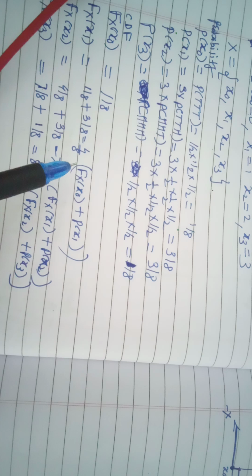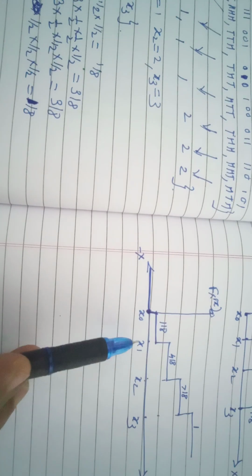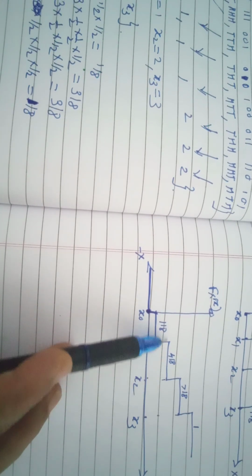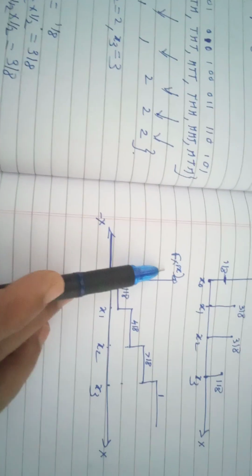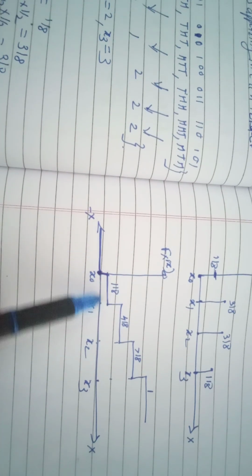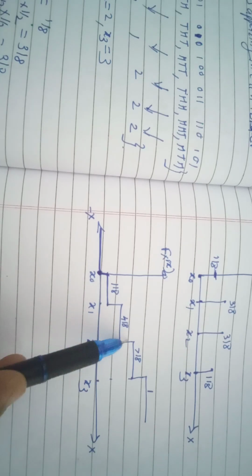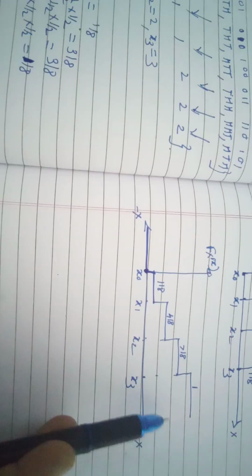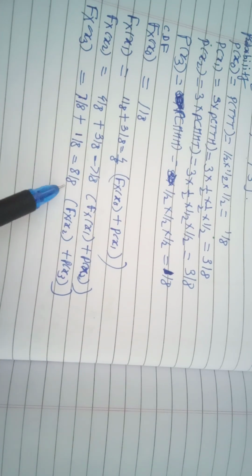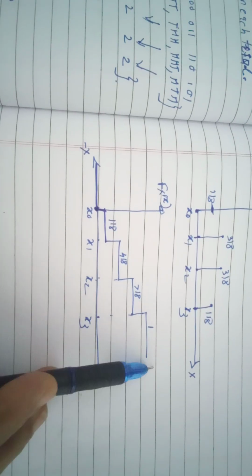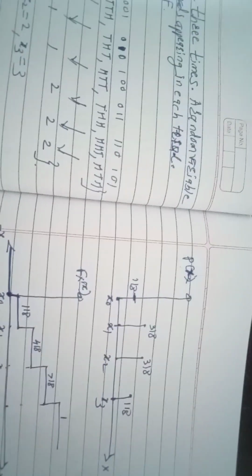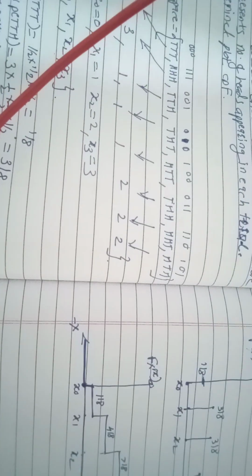At x0 the CDF is 1 by 8. At x1 it is 4 by 8, then 7 by 8. At x1 it is 4 by 8 and it continues, because the CDF is either constant or increasing. At x2 it rises to 7 by 8, and remains constant up to x3. At x3 it rises to 8 by 8, that is 1, and it continues. So this is the problem on CDF.